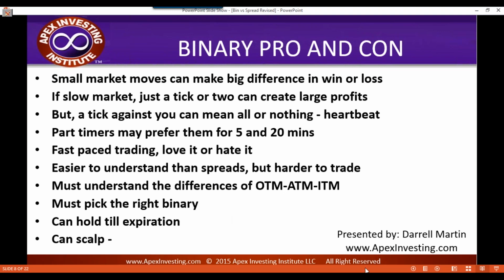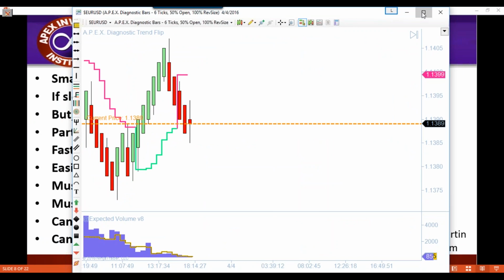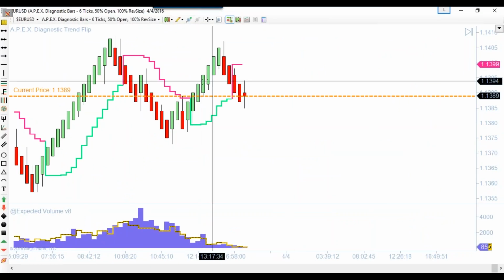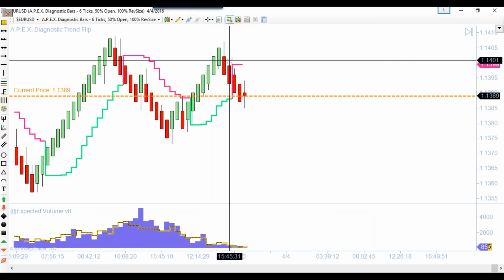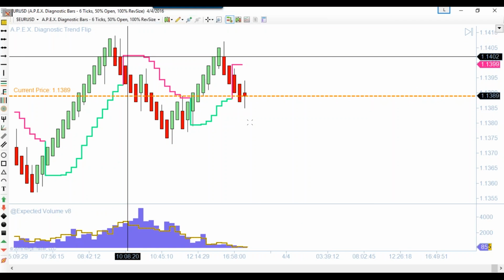Okay, so let's look at a quick example. I think I have a chart up here. Let's say you have a chart, and whatever strategy or system you use, I'm just showing you one of our charts, with one of our indicators on here called the trend flip. You see it goes from green to red to green.